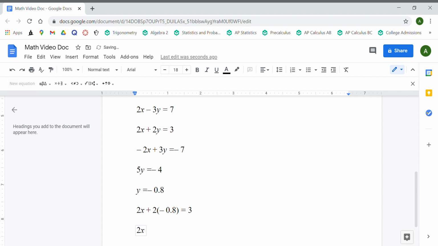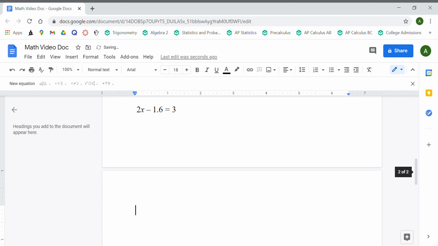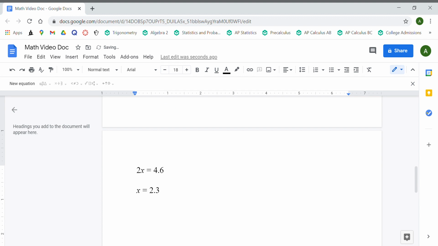Simplify, and we get 2x minus 1.6 equals 3. Add 1.6 to each side, and we get 2x equal to 4.6, and x equals 2.3.